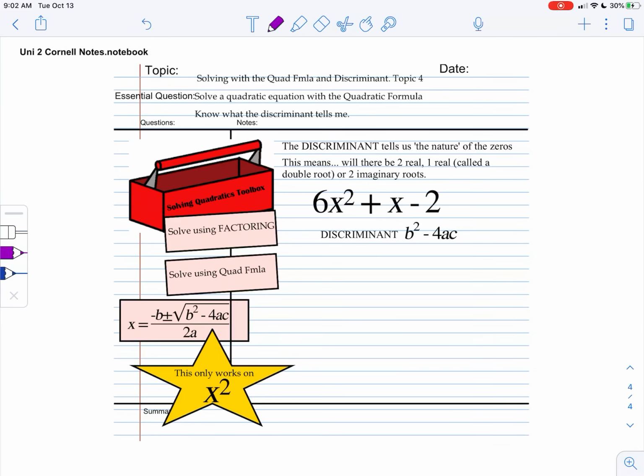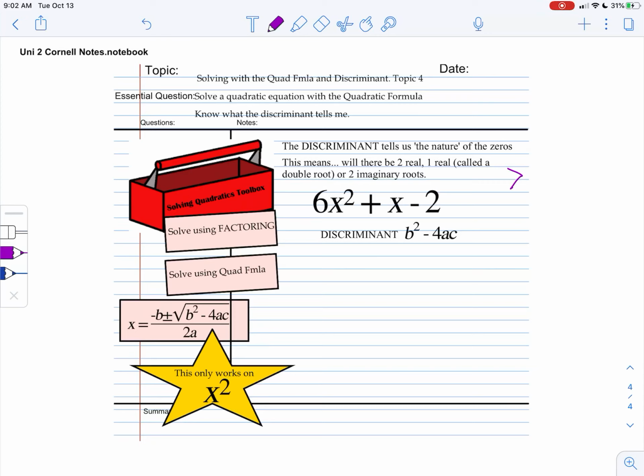The last bit of the quadratic formula is the discriminant. And the discriminant is kind of like a warning for you. Not in a bad way, but like it will tell you, hey, when you finish the quadratic formula, you should have 2 imaginary or 1 real root or 2 real roots. So the discriminant tells you the nature of the roots.